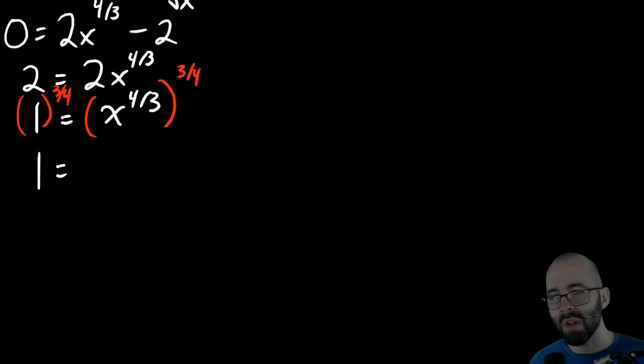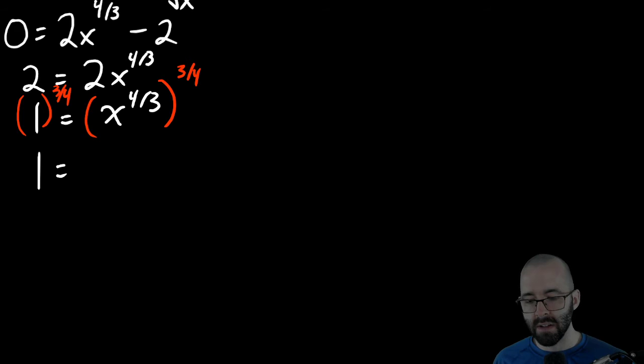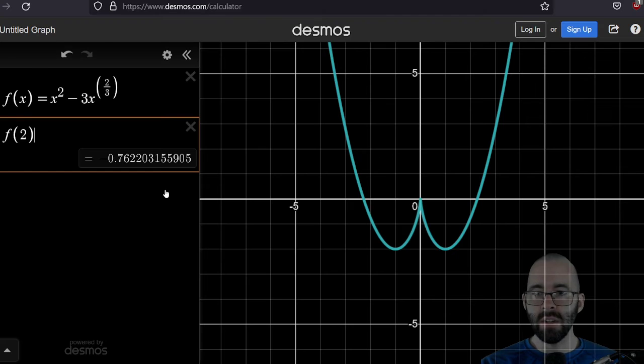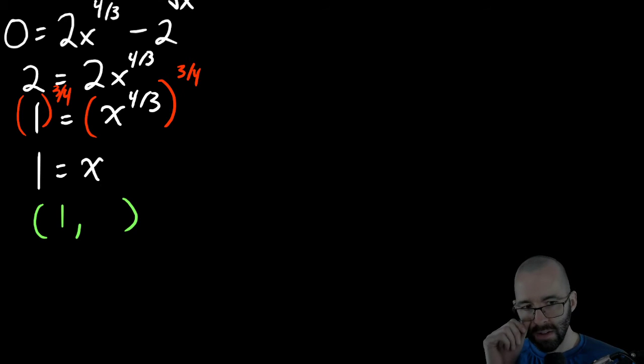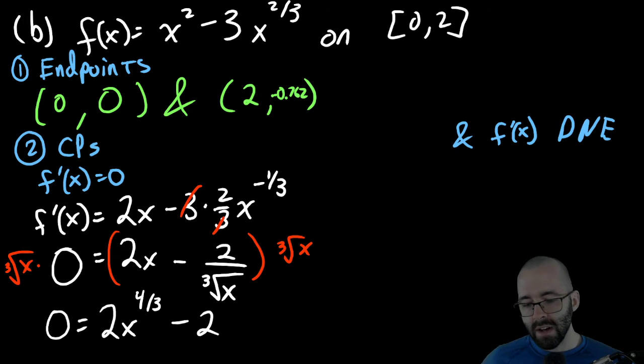On the right, we multiply those exponents. And that just gives us x to the first power. We have another candidate when x is equal to 1. Another candidate in green. What's the function value here? -2. All right, so we have 3 candidates.